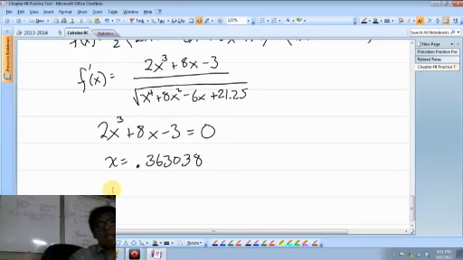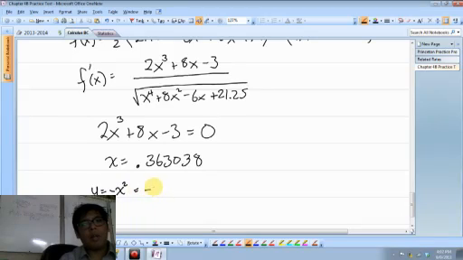Okay, and if that's x then y is equal to negative x squared because it's on the parabola, which is equal to the negative of 0.363038 squared.